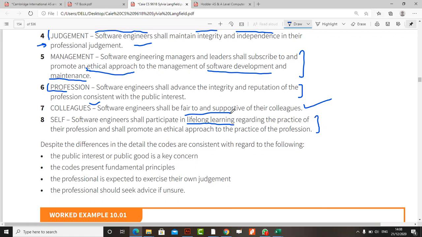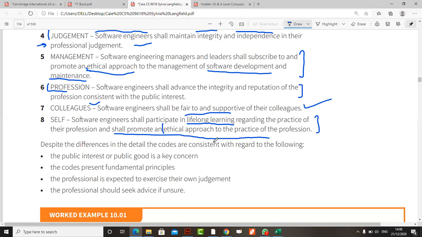There are lots of other professions, but frankly speaking, nowadays I believe in most professions you really have to keep on learning. You have to be honest and sincere with your profession and promote an ethical approach to its practice. It's ethically right for me to update myself.